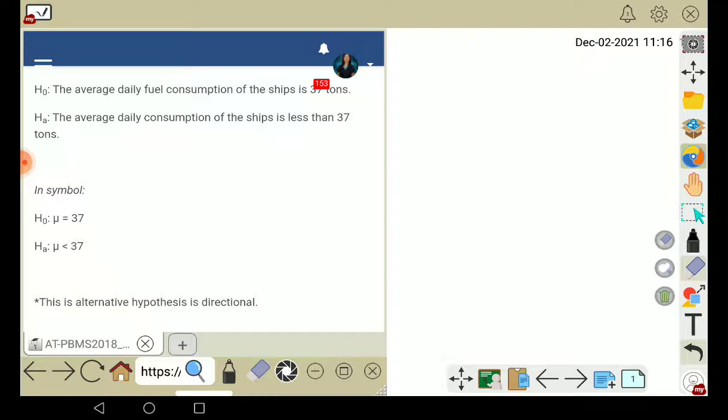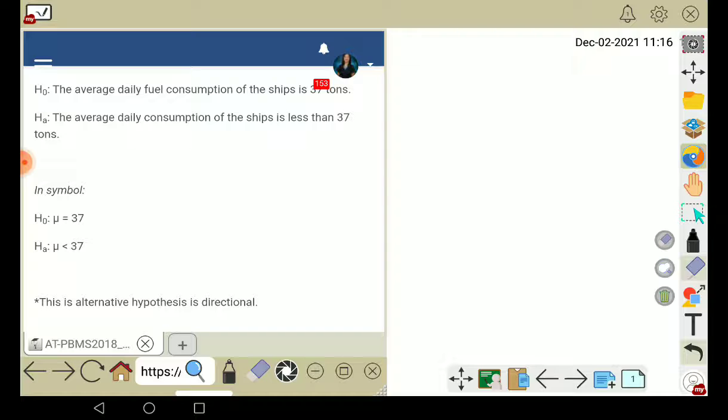So the null hypothesis is your mean is equal to 37, or the average daily consumption. We are dealing here with average, and take note that when we have the word average, we are dealing with the mean more likely.